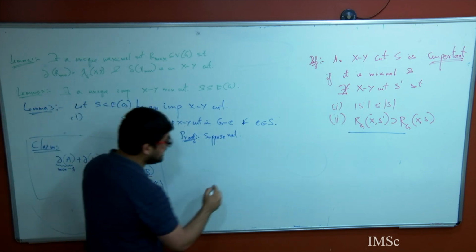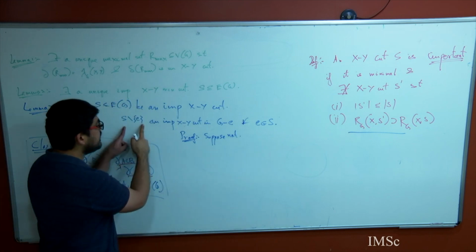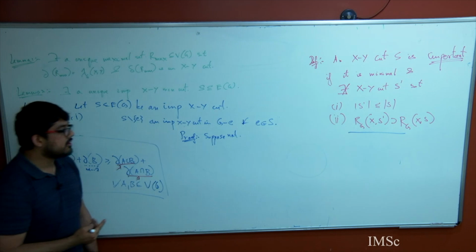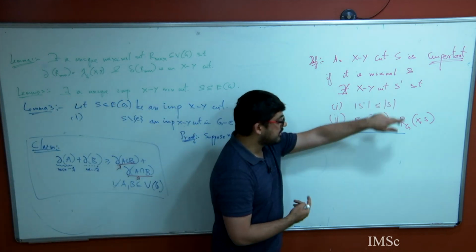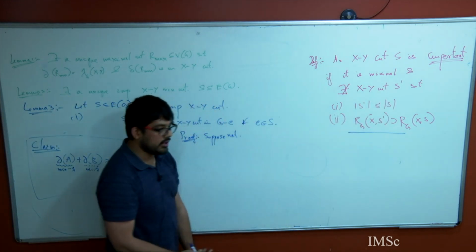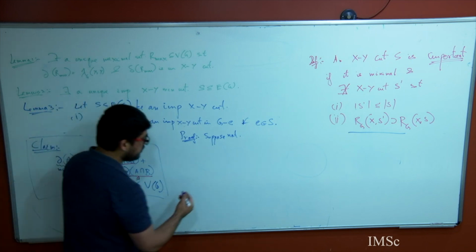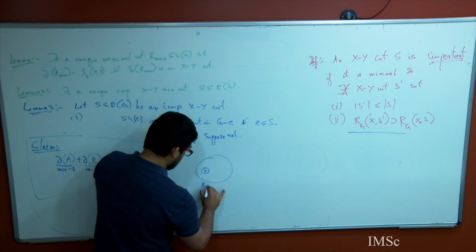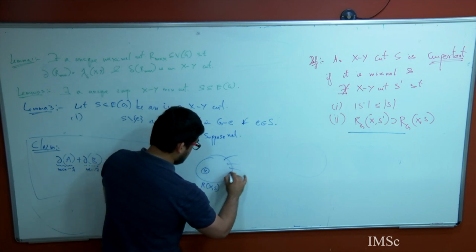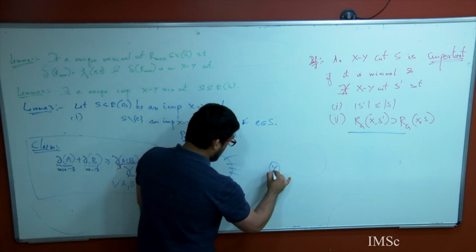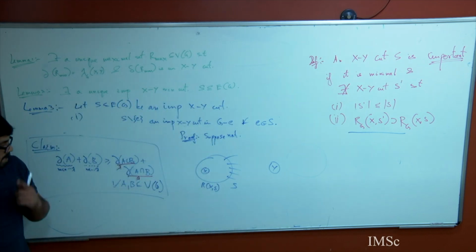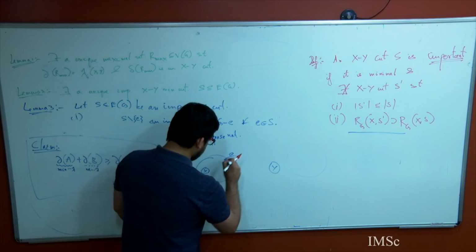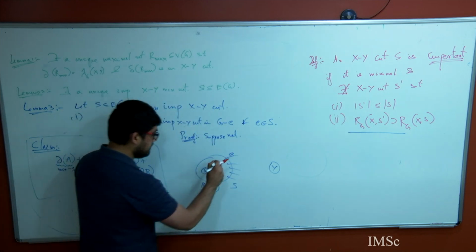Which means that in G minus E, S minus E is not important. And when it is not important, you need another cut that witnesses this one's non-importance, right? So let's say this is X, this is S, and this is Y. Now let's say this is E. So I've removed it from the graph.